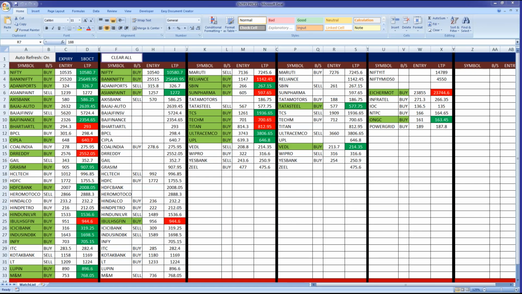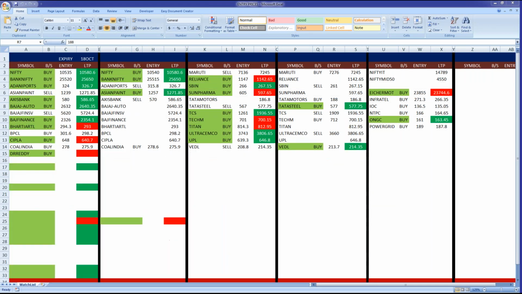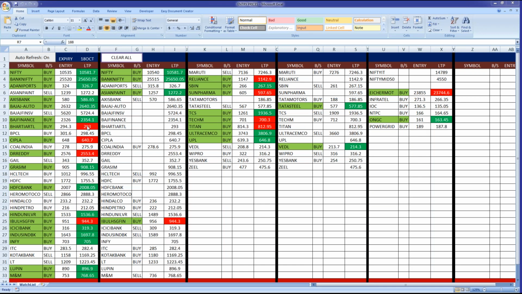It gave you 3 rupees and it's retracing back. So it doesn't mean that whenever you're seeing red here, it's loss calls. It has already made its profits and it's retracing back. That is one of the meanings of you seeing the calls here in red.